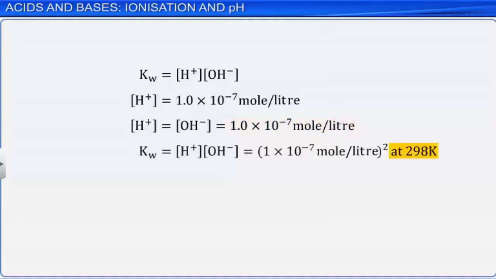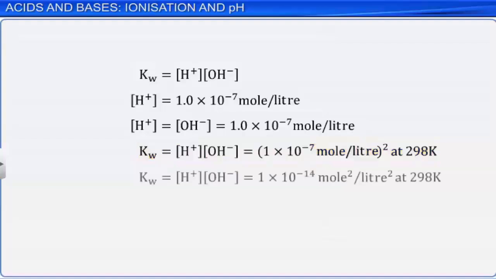Thus, at 298 Kelvin, the ionic product of water, which is equal to the product of the concentrations of H+ and OH- ions, is equal to (1 × 10^-7)^2 moles per liter.